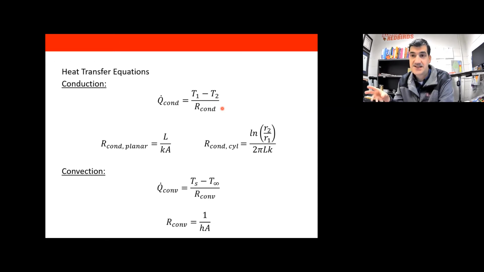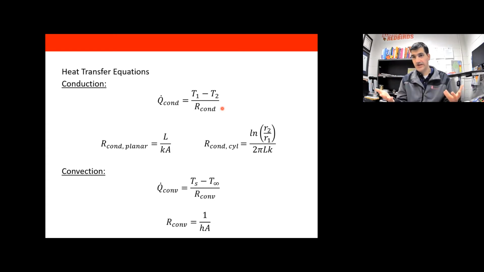And those resistances can be combined, depending on the situation, in series or in parallel. So does the heat have to go through the conduction part first before it can be convected? If so, they're in series. Can the heat transfer via convection or via radiation? Does it have a choice? If so, then they're in parallel. So think about it kind of like that. If the heat has to transfer through one mode of heat transfer and then another, then that's in series.